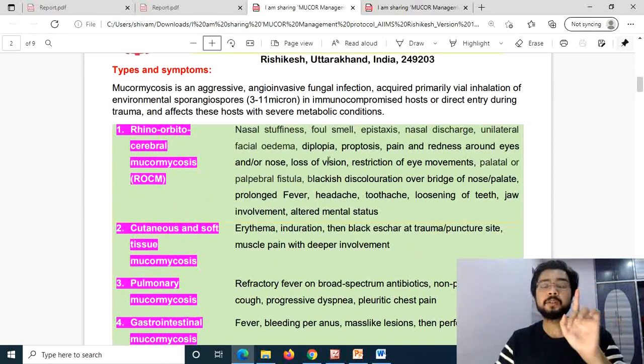I'll just tell you about the most important one, rhino-orbitocerebral mucormycosis, which is occurring nowadays and is high in incidence.